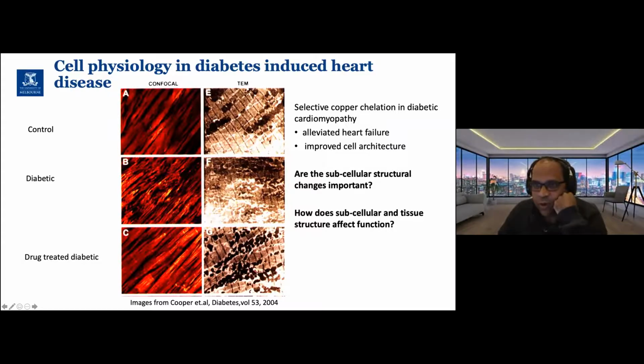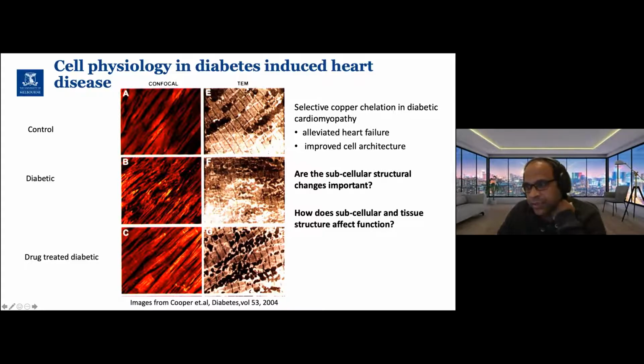A is a control, B is diabetic. And then on the right are transmission electron microscope images of the ultrastructure of the cardiomyocytes within these tissues. You can see the myofibril striations, and the darker spots are basically mitochondria. And you can see in diabetes, this organization is affected.